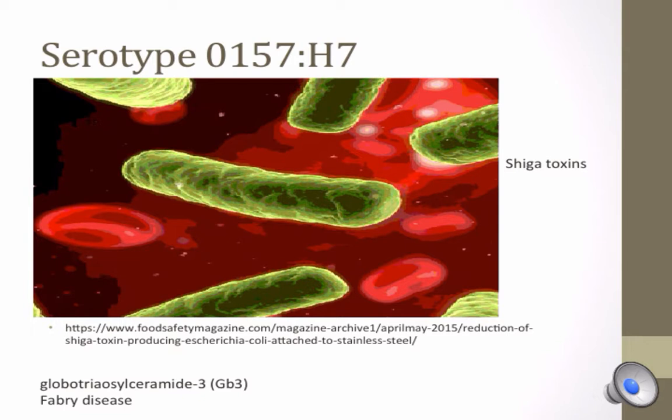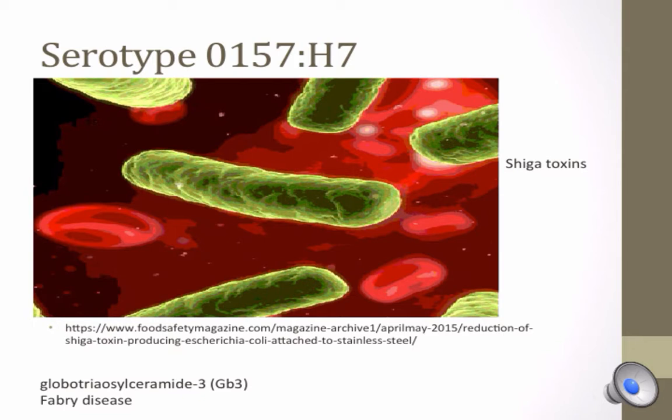Sorry, it's hard to pronounce that one. And once it's able to target these Gb3, it aids in the pathogenicity. Without these Gb3s, there wouldn't be any of these symptoms of UTI or bloody diarrhea.